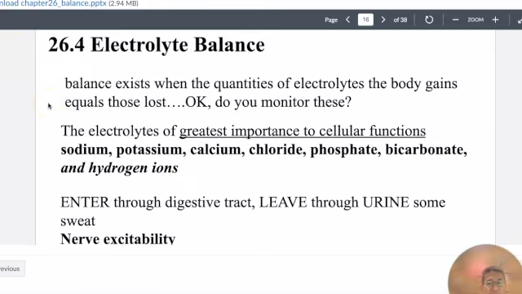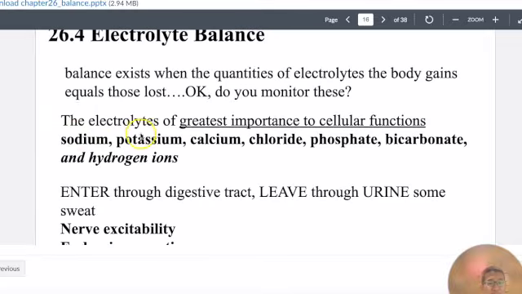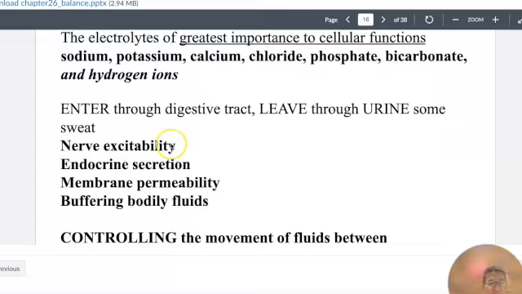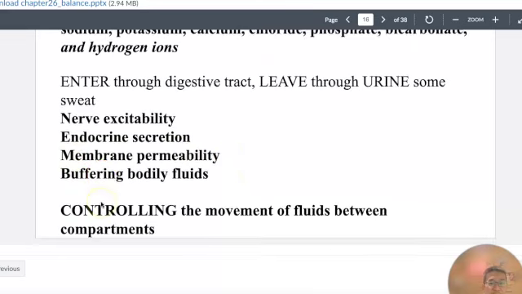So electrolytes, we have 6 electrolytes that we need to remember. 1, 2, 3, 4, 5, 6, and hydrogen, that we need to remember because it is very important for nerve excitability, endocrine secretion, membrane permeability, buffering control.